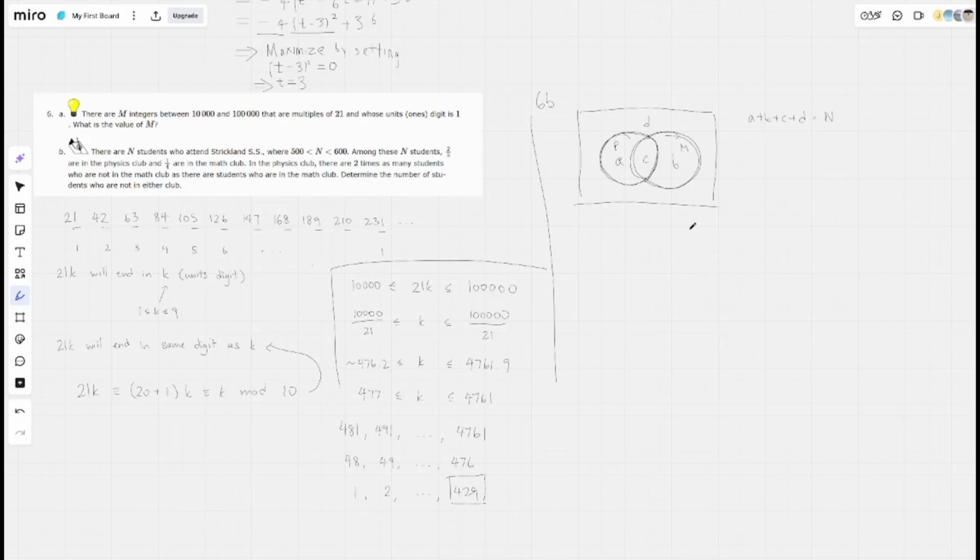Next, we know that 2/5 of them are in the physics club. All the people in the physics club are represented by A plus C, so A plus C is equal to 2/5 n. Similarly, we have 1/4 in the math club, so B plus C is 1/4 n.